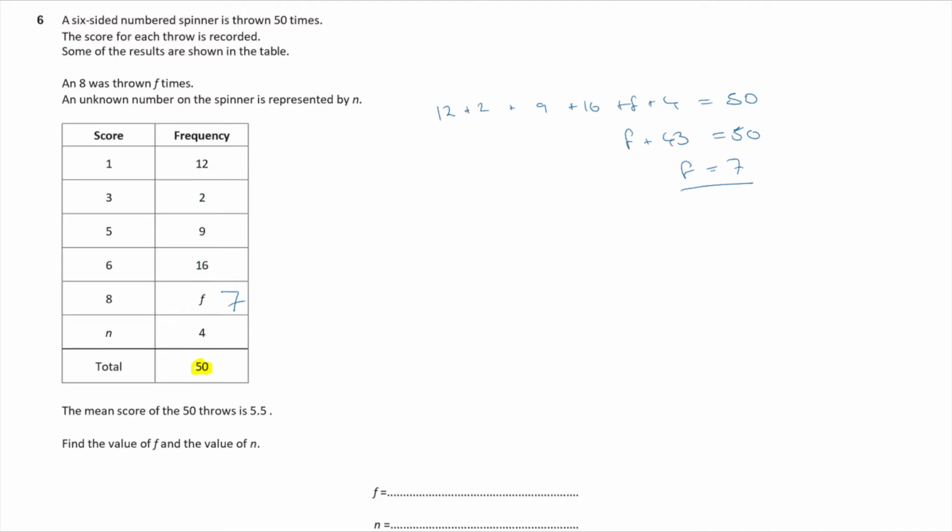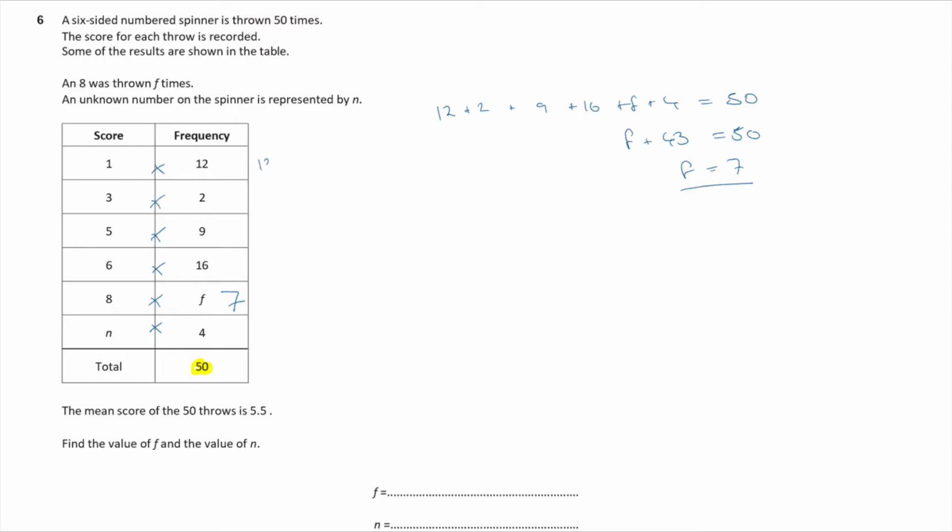Okay, so I know that's 7. Now I know how many of each they've got. I can go on and find an estimated mean, I guess. Well, not an estimated mean, the actual mean, because they're all the precise scores. So to find the mean, I need to multiply all these together, add them up, and divide by the total of the frequencies, which is 50.